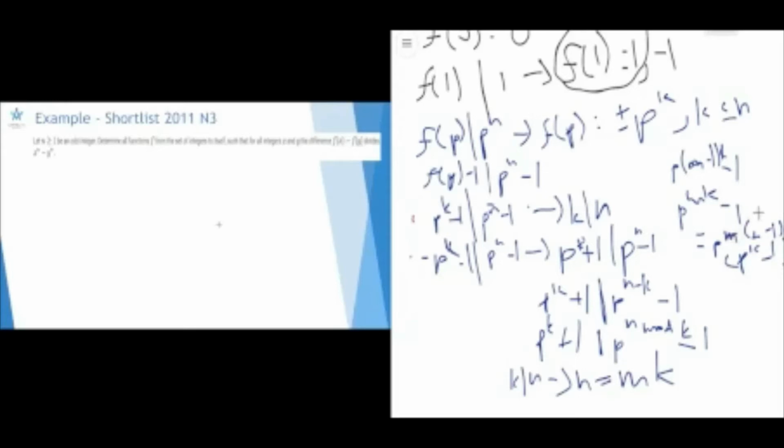However, note that p to the m times k minus 1 is relatively prime to p to the k plus 1 because we can use the Euclidean algorithm. So this means that p to the k plus 1 has to divide p to the k minus 1, which is a contradiction. Thus, m can't be odd, so m has to be even. So this means that, in fact, 2k divides n. But this is a contradiction since n is odd. So we can rule out this entire case.